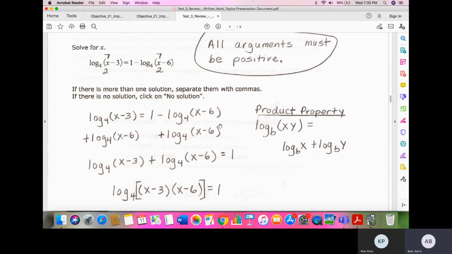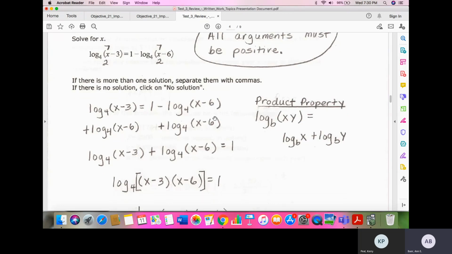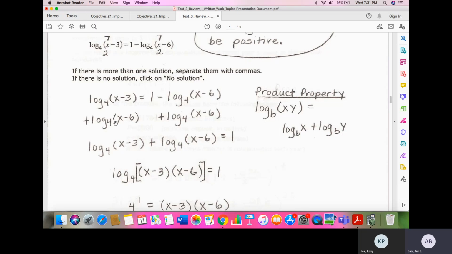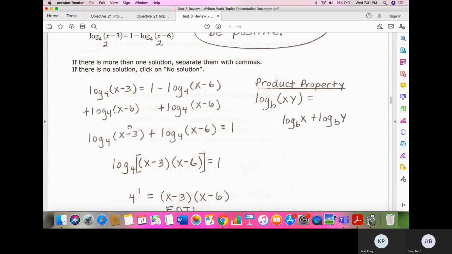So we have properties of logs. If we want to get our logs on the same side, sometimes we can use either the product property or the quotient property of logarithms. So let's add, the opposite of subtraction is adding. Let's add log base 4 of x minus 6 to both sides. So I wrote it down here and here.